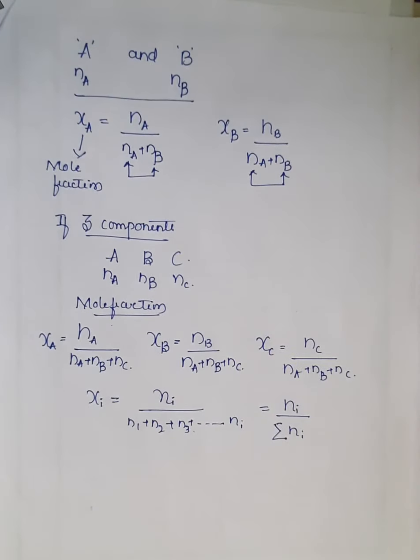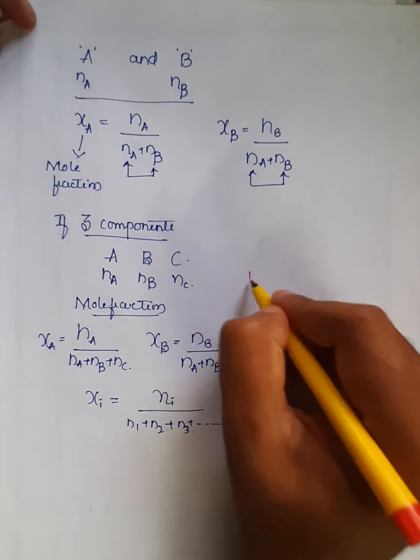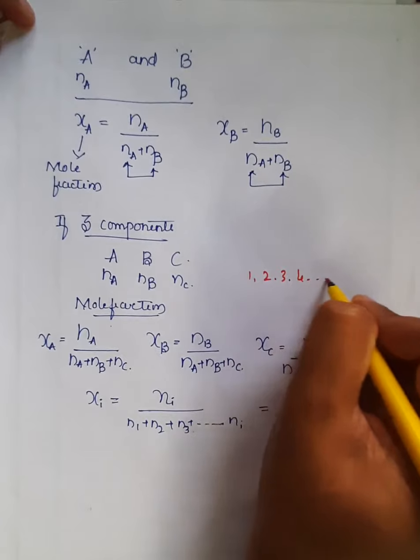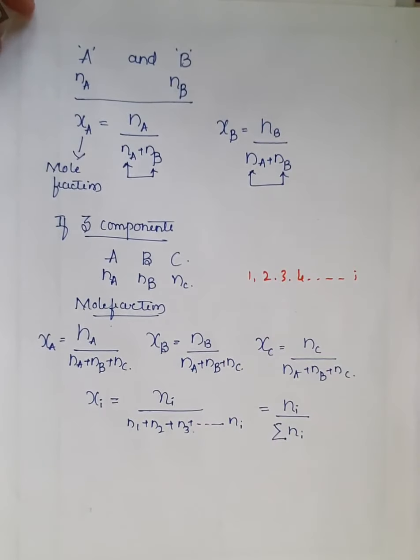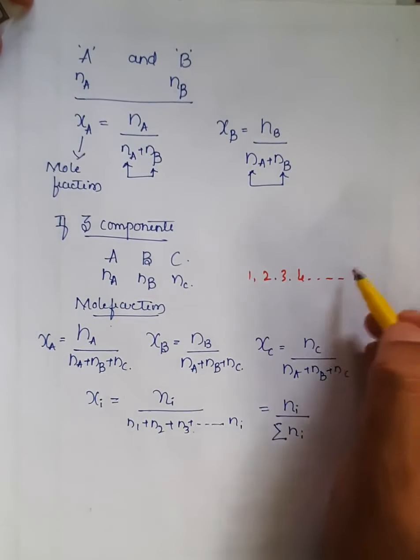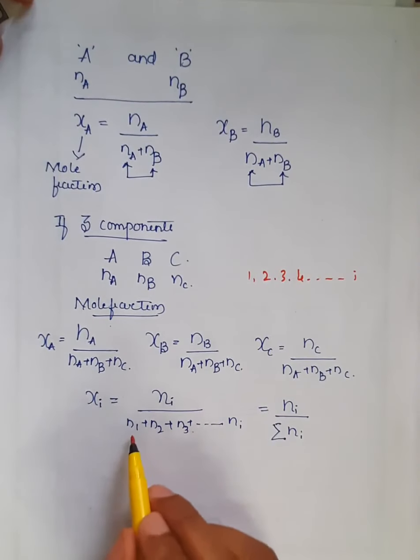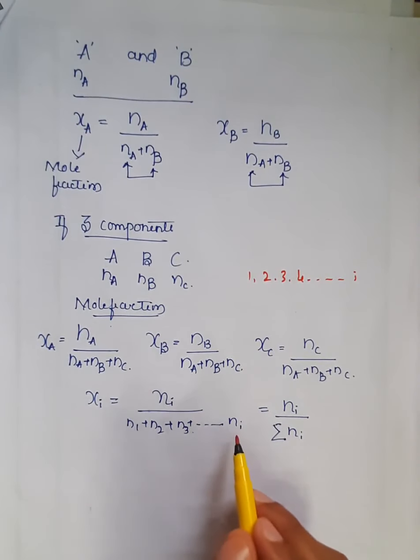If there are more than two or three components, you can take the summation. Summation means continuous addition of the total number of components. Generally it is written as xi is equal to ni, that is the ith term, divided by n1 plus n2 plus n3, so on up to ni.